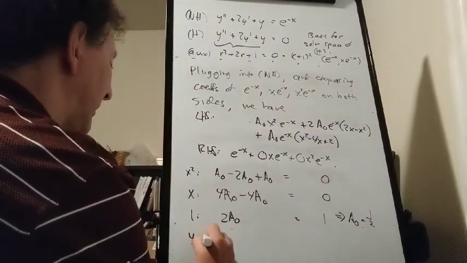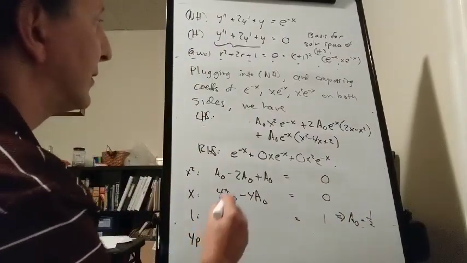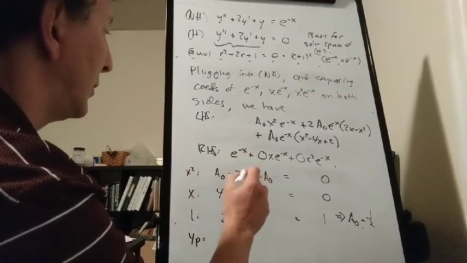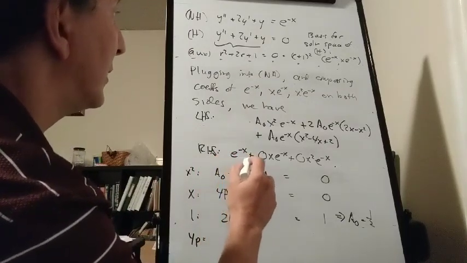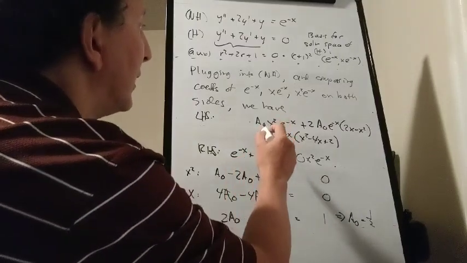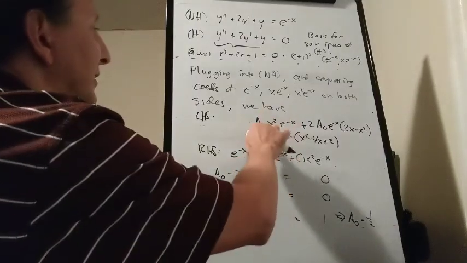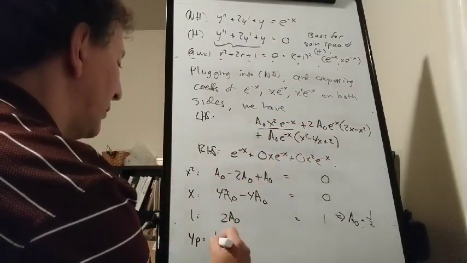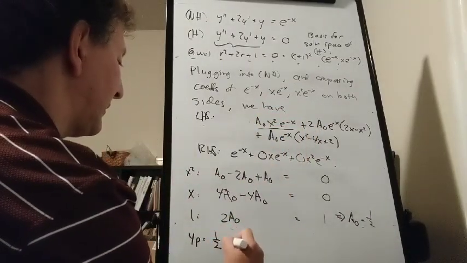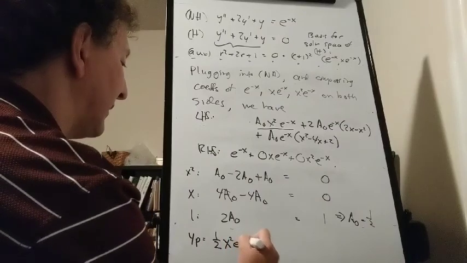So that means that our particular solution is, this is it right here, 1/2 x squared e to the negative x.